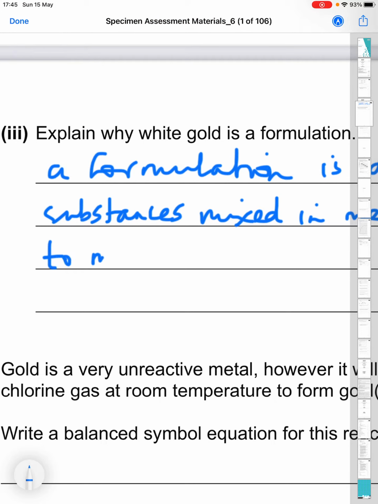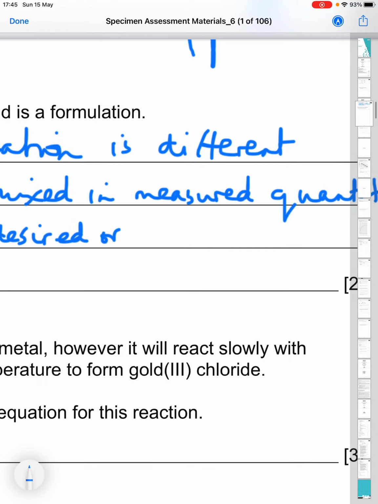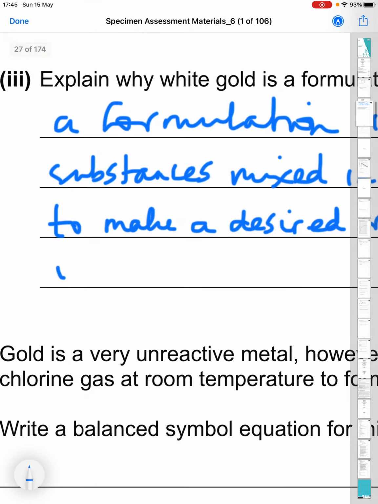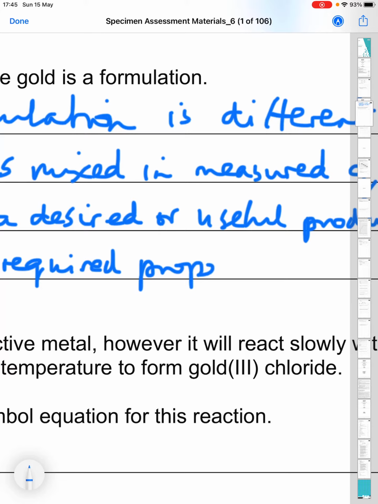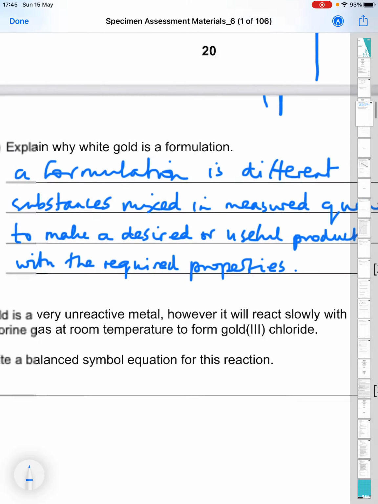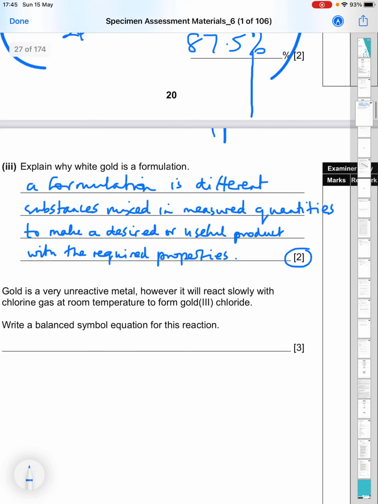And it's to make a desired or useful product with the required properties. So again, we have 2 marks for that. So 1 mark for saying about the different substances mixed in measured quantities, and then for the required properties is your 2nd mark.